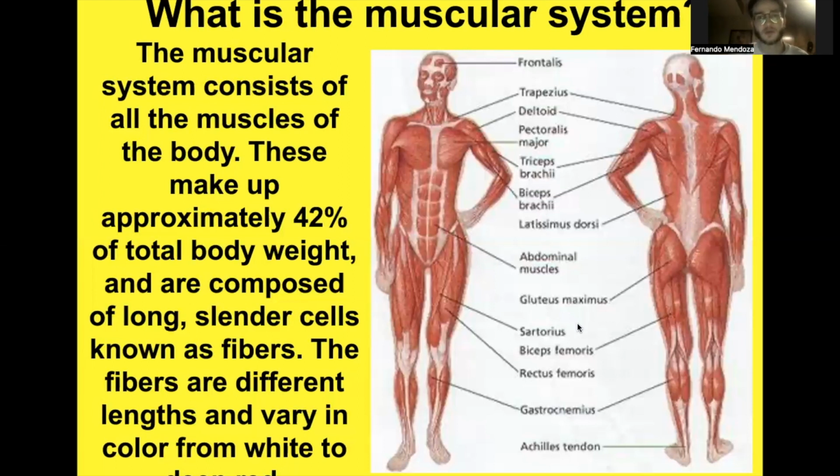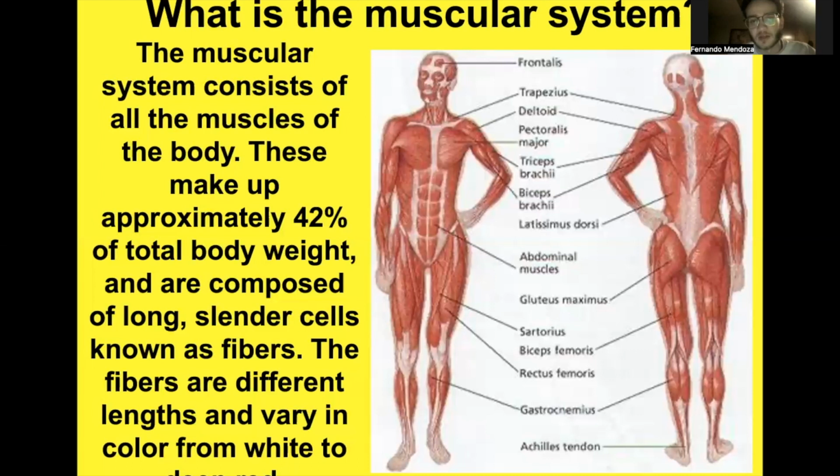What is the muscular system? Well, the muscular system consists of all the muscles of the whole body of the human being, and this quantity of muscles makes up approximately 42% of the total body weight.